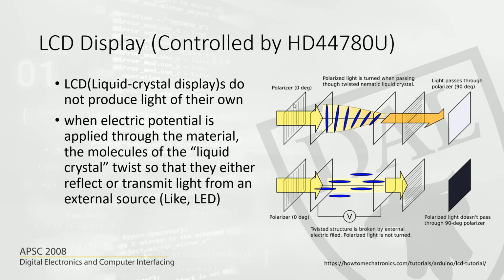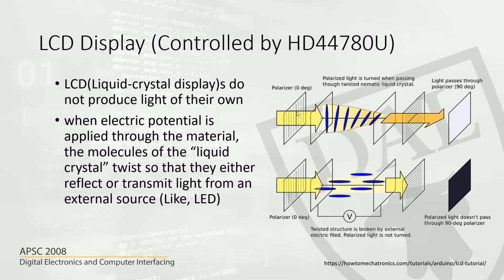So if you have an LED behind, the LED's light will be visible only when you don't apply any potential. But if you apply a potential, it will not change the phase, so it will be blocked by this polarizer.